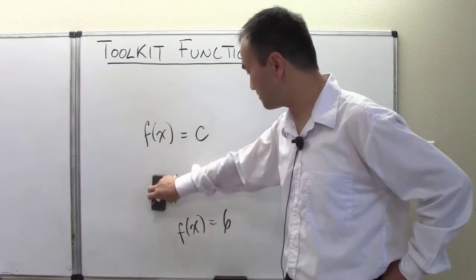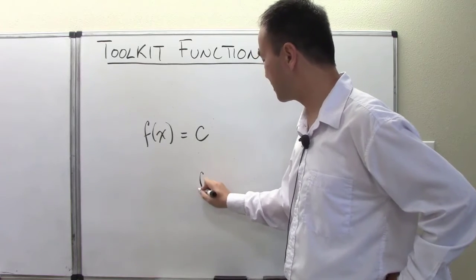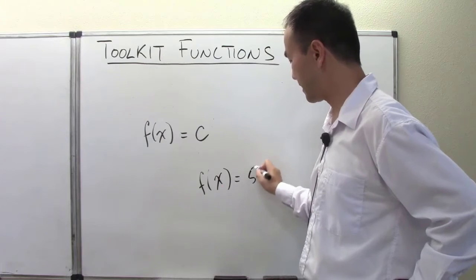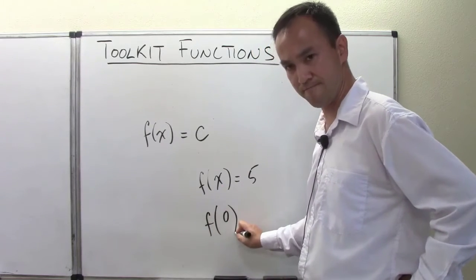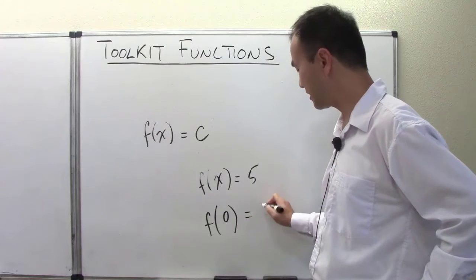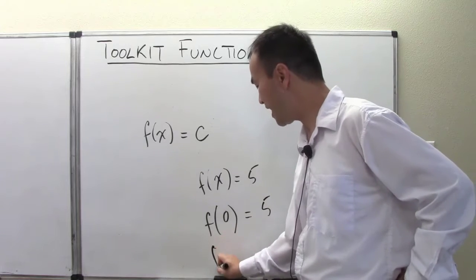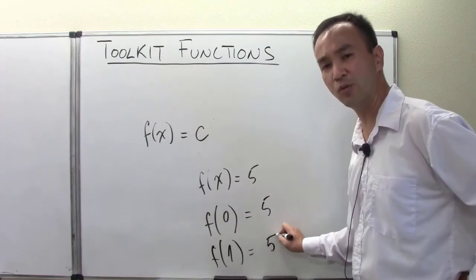Now let me quickly demonstrate the idea. Let's say f of x equals 5, for example. Then when the input equals 0, the function output equals 5. That's the whole point of being a constant function. When the input is 1, the function output again equals 5.